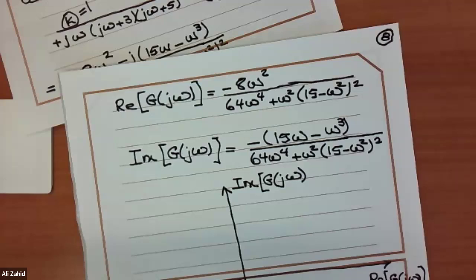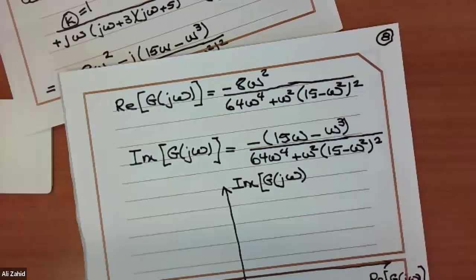So when you put omega equal to 0, what would you get? You eventually get infinity still. Plus or minus infinity? Minus infinity. Did you get it? Yes. For both of them, the imaginary and the real part.